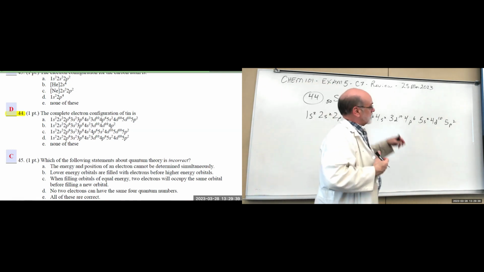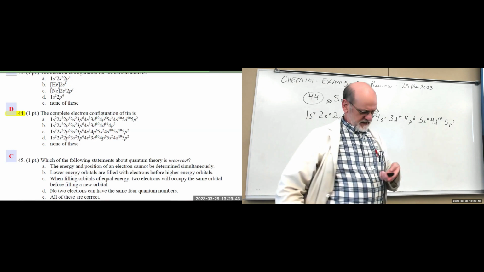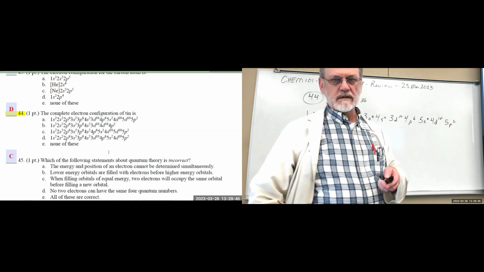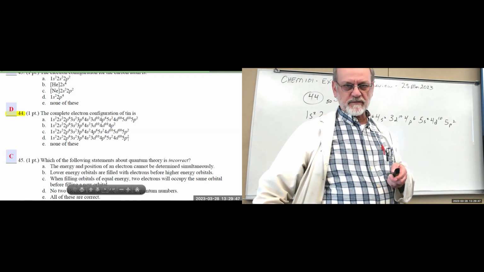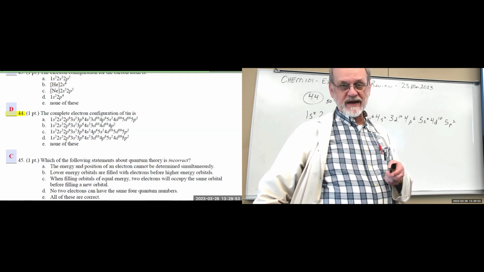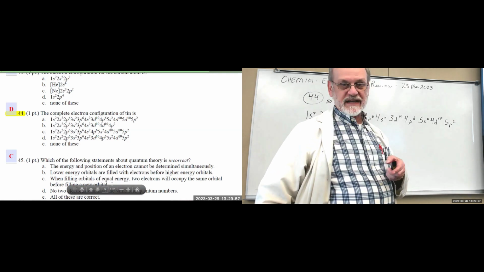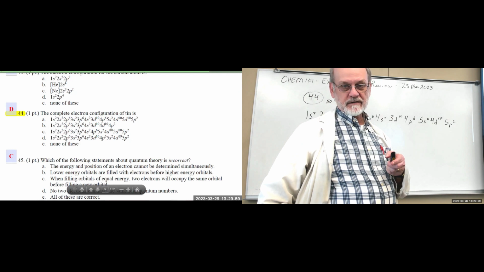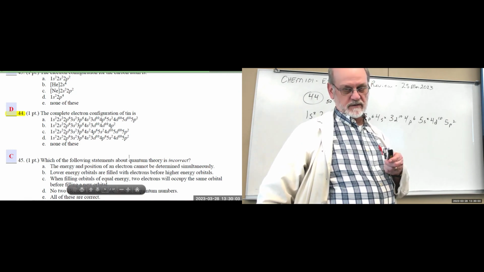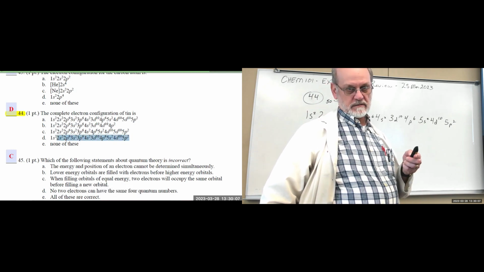So once you've written it out, you see what your choices are. Let's see. So we can look at the back of them. 5p2, 5p2. Okay, C and D is possible. A is possible. Then we look back of that one. Is it 5d10? No, it's 4d10. There it is right there. Process of elimination. That one right there.